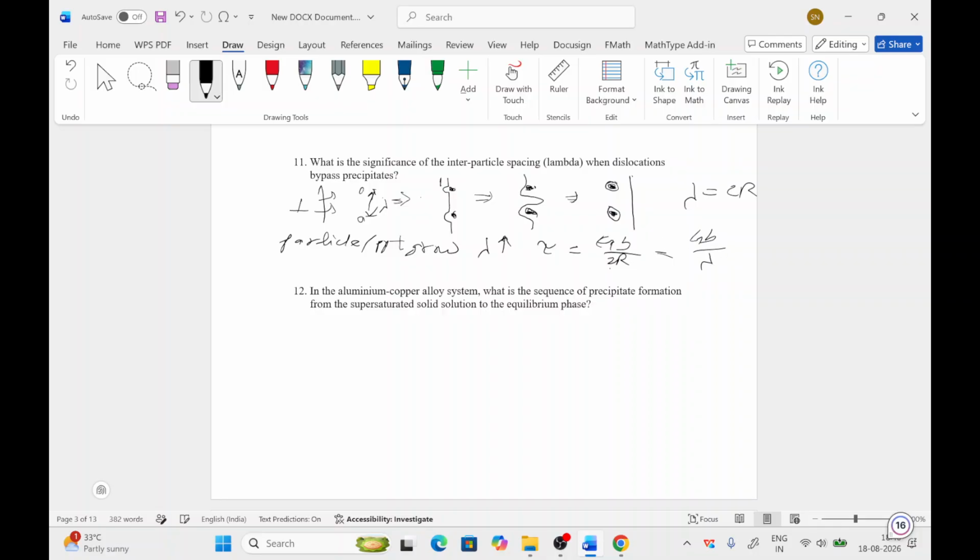If the spacing is larger, the stress decreases, and if the spacing is low, the stress needed to move the dislocation past the precipitates is higher.